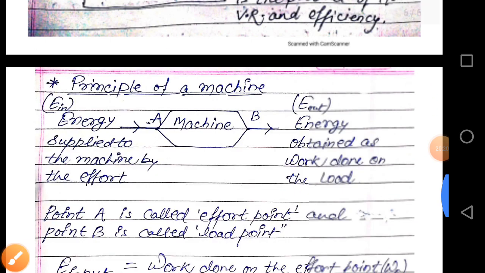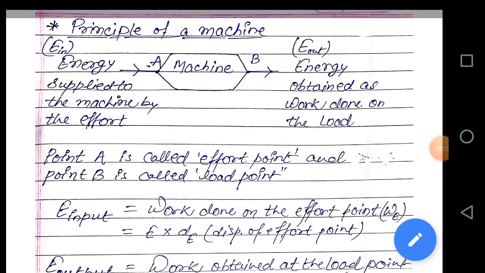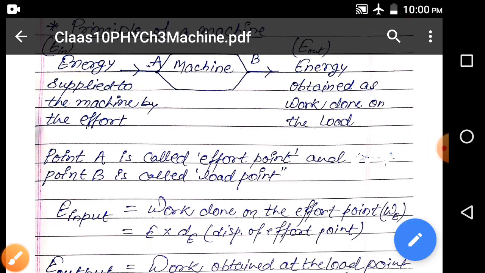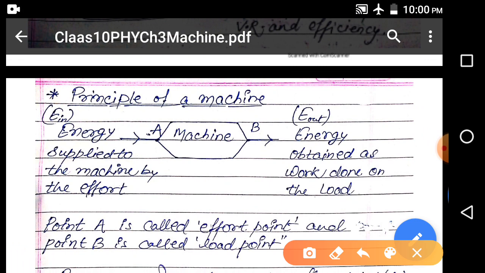Now the principle of a machine. See the energy supplied to the machine by the effort. Initially we studied that a machine can exert a force.